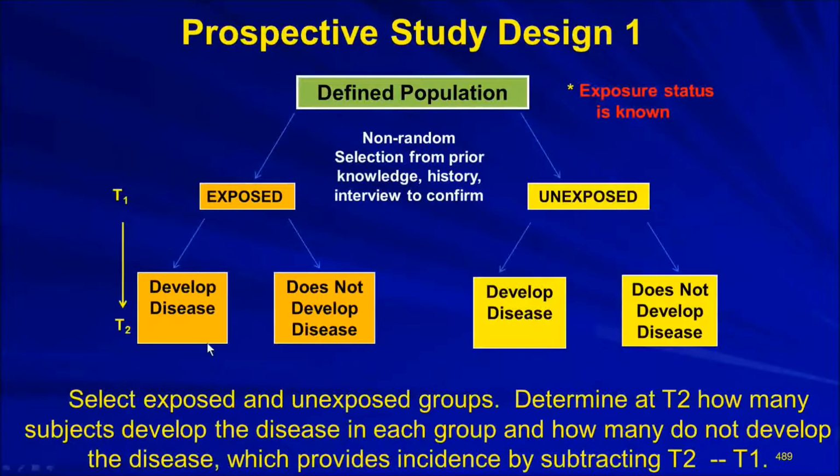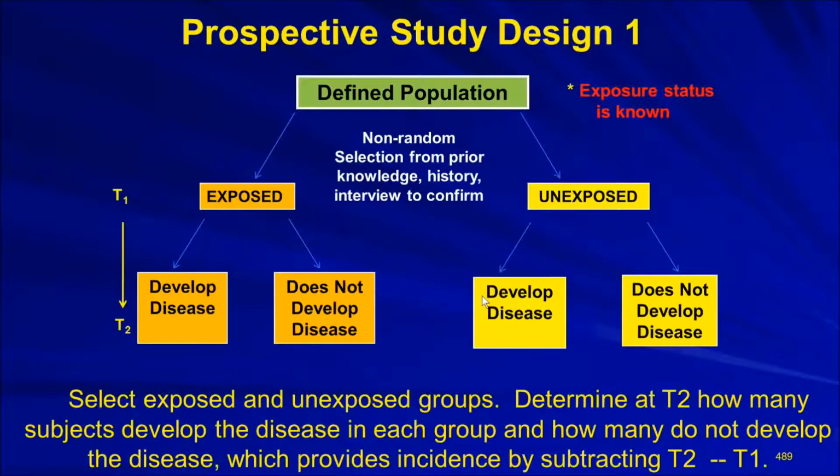Okay, so we're looking, over time, how many develop the disease. Okay, and that's what we're trying to do, and we know that if you're exposed, you're going to develop the disease. If you're unexposed, you will develop the disease. Of course, a lot fewer people.